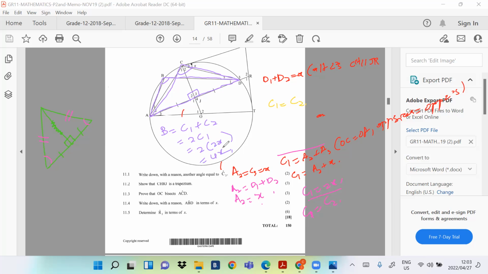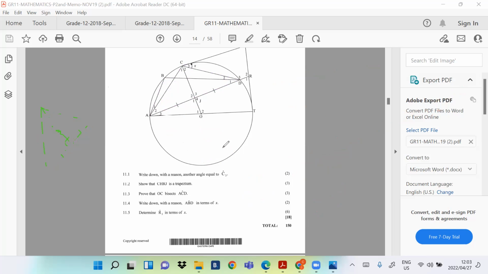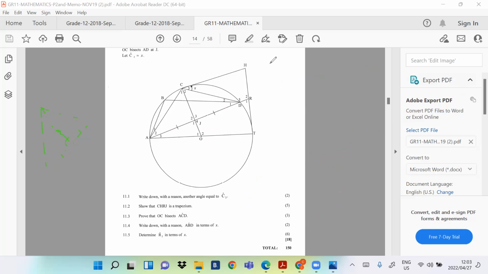Then determine R2 in terms of X. Where's R2? On the tangent. Okay, let's move this a little bit. You want this.